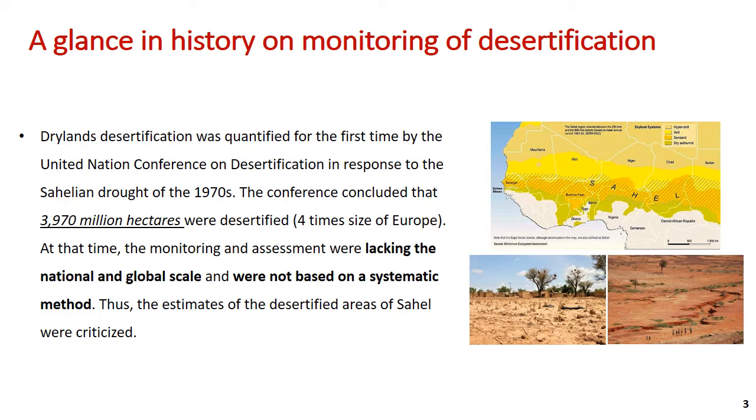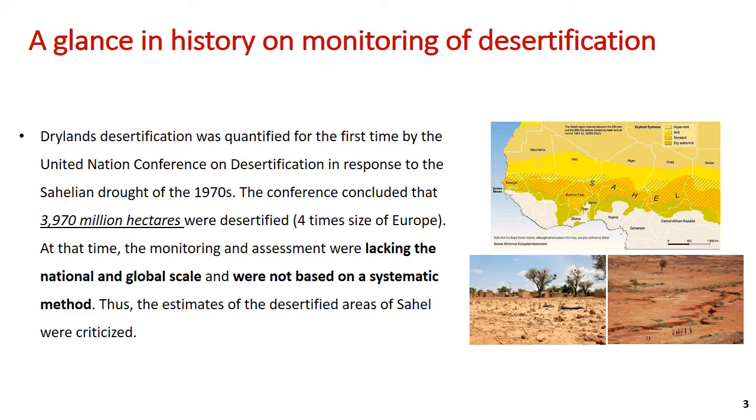But if we look critically at that particular time, we would see that the assessment method was lacking at the national and the global scale. It means that the problem was only identified in Africa, and therefore the other people in the other countries did not know so much about it.